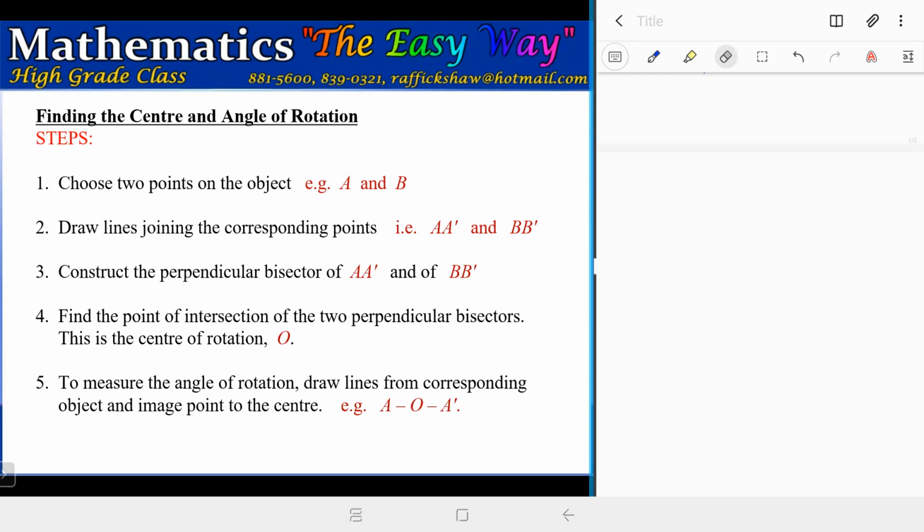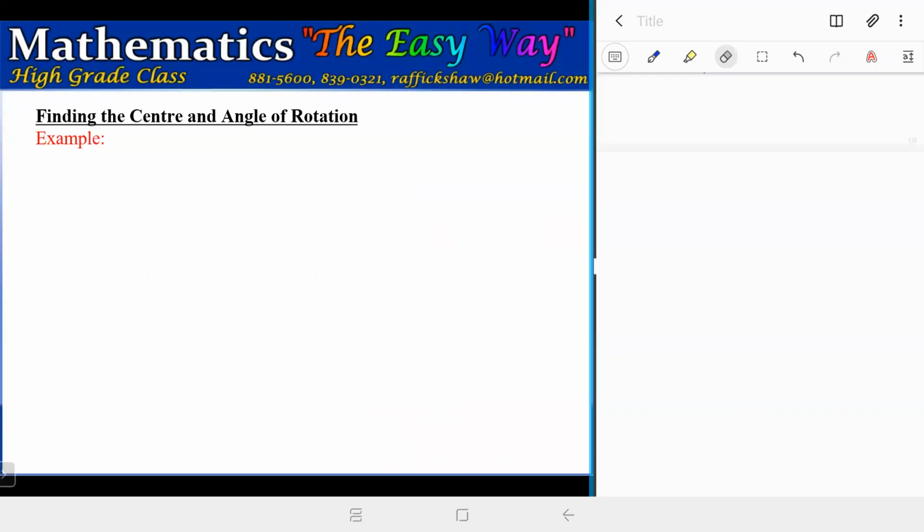Let me show you in a demonstration, and you can look back at these notes to see exactly what I'm talking about. All right, I'm going to do an example. Let's say I have that triangle right there, and that triangle is rotated onto another triangle. The triangle ABC is rotated onto triangle A prime, B prime, C prime.